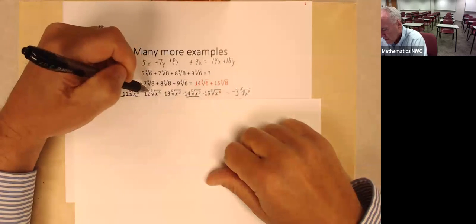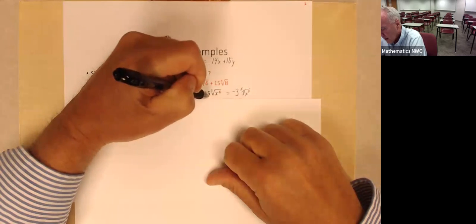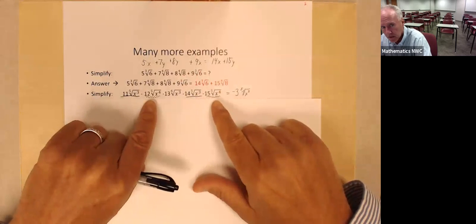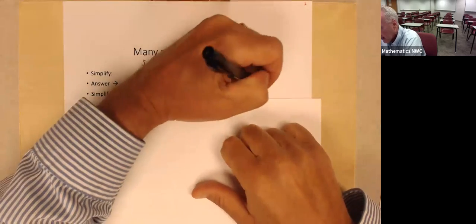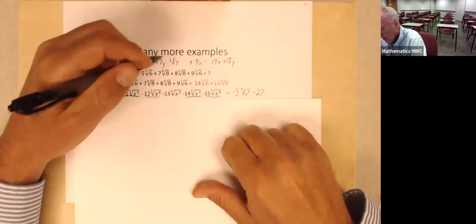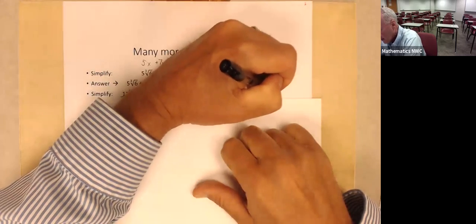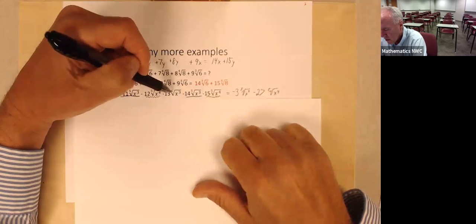The fifth root of x to the fourth has another one of those right over there. So those two are like terms, which means I can add those coefficients to get a negative 27. And I have that fifth root of x to the fourth that tails along. This one right here, there is no match for it.